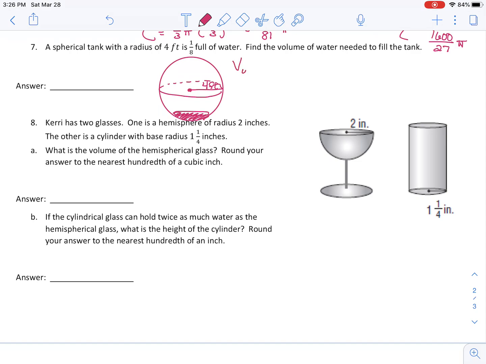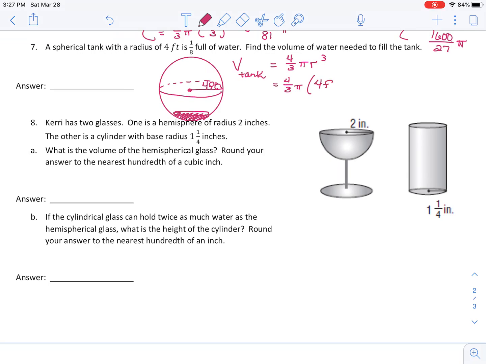So let's talk about just the volume of the water that's currently there. Actually, no, I lied. Let's find the volume of the tank, the whole thing. So I'm going to pretend it's 100% empty. The whole tank is a sphere, which is 4/3 pi r cubed.